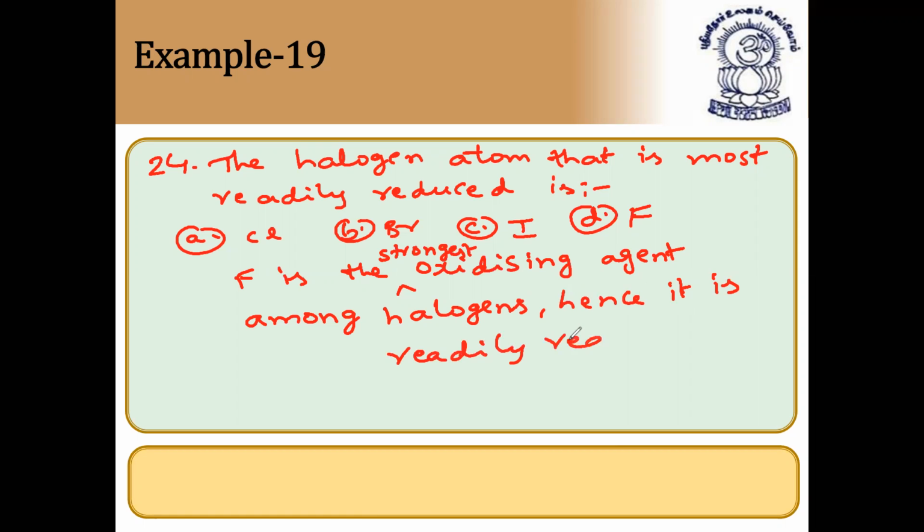An oxidizing agent brings oxidation to others, but itself undergoes reduction. So the halogen atom that is most readily reduced is fluorine, because fluorine is the strongest oxidizing agent among halogens.